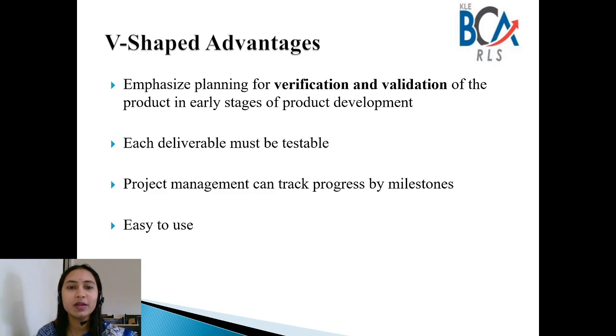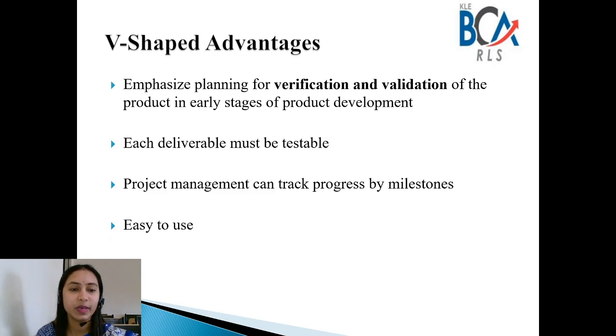Each deliverable must be testable, so every deliverable you produce is to be testable in the V-shaped model. Next, project management can track the progress by milestones. By setting up milestones, you can track all the modules and when each module can be delivered. And it is also easy to use, as it is very disciplined, and the next phase starts only when the previous phase is finished.